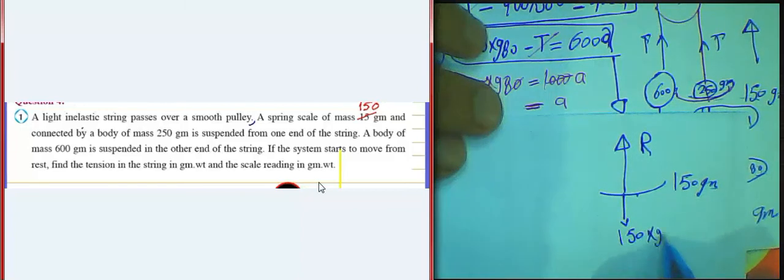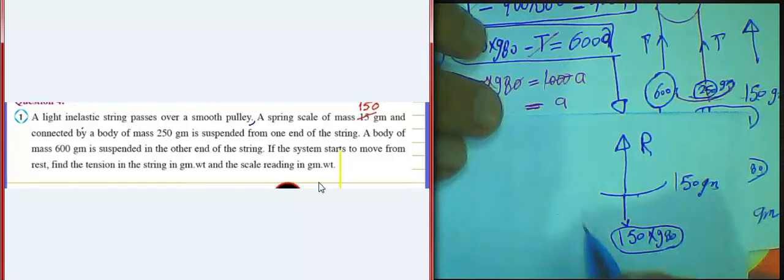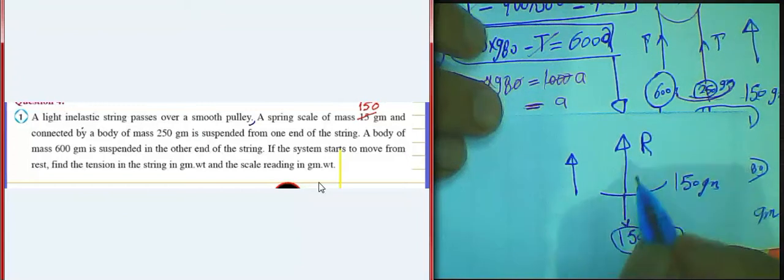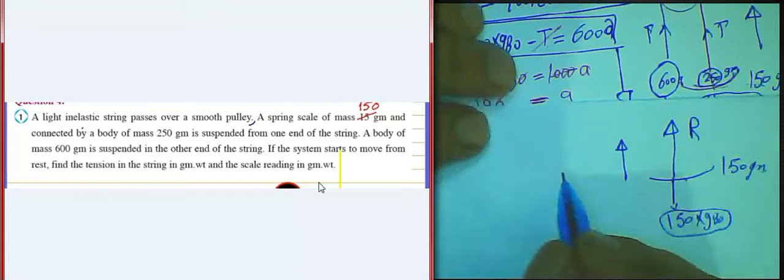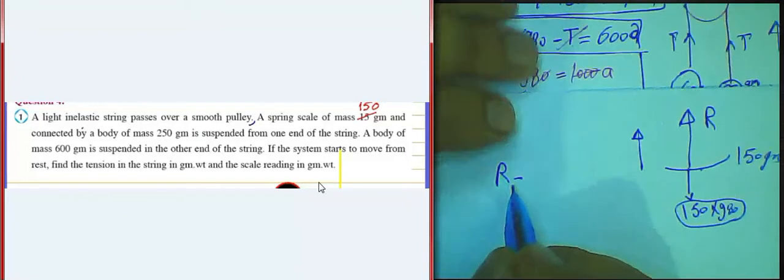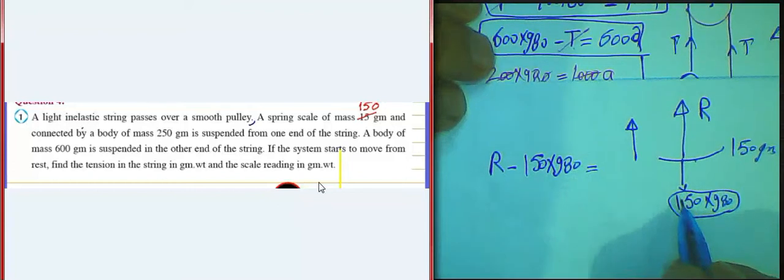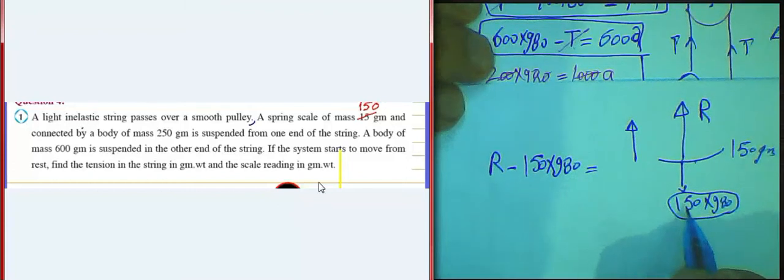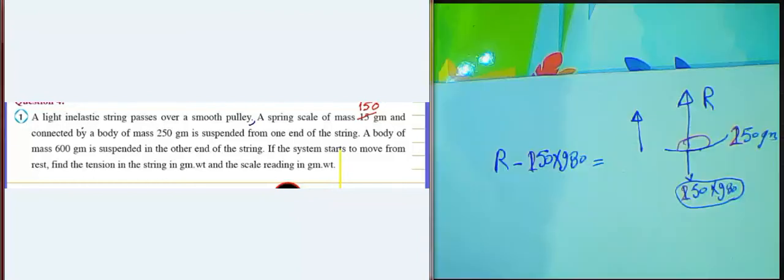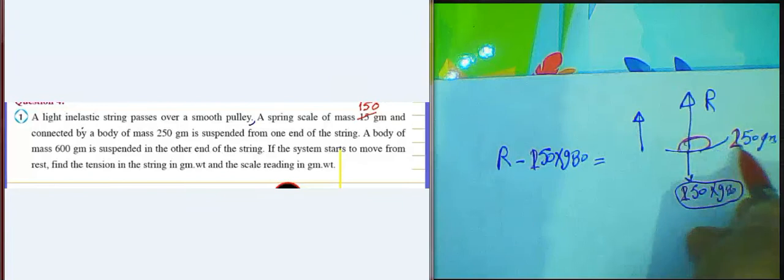150 multiply 980, and it moves up here. So we can write the relation R from Newton's rule. R subtract 150 multiplied by 980 will be equal to 150 multiplied by A. Look at here, body of mass was 250 gram.